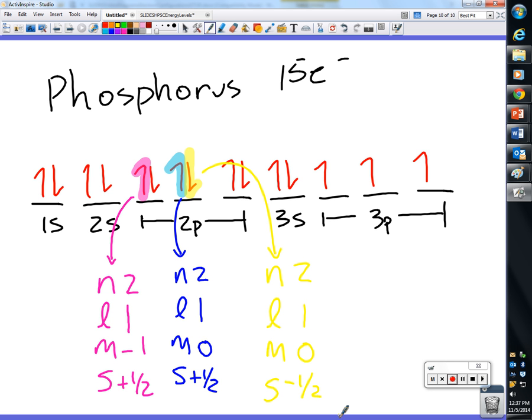Okay. The M value for blue and yellow must be different than purple, but must be the same as each other. Yeah, that's more pink. Sorry. So yeah, okay.